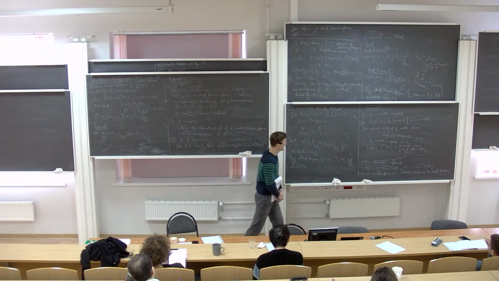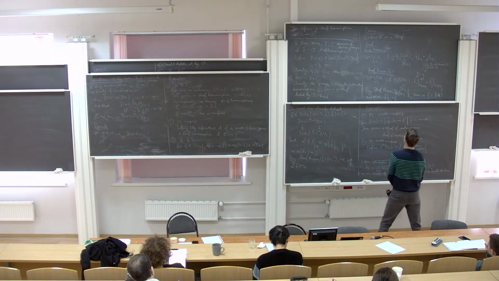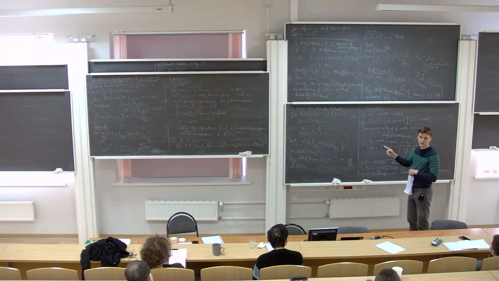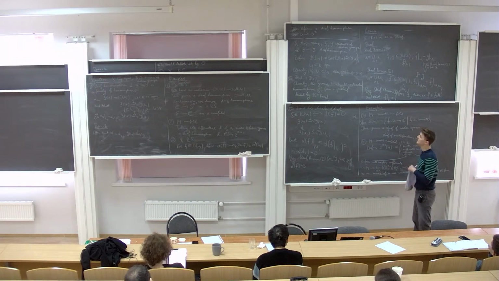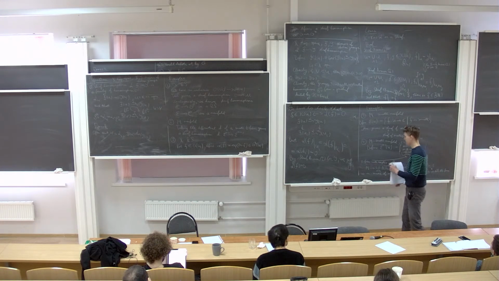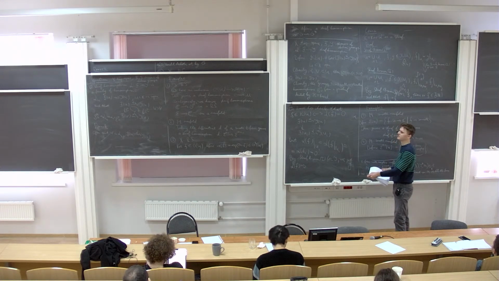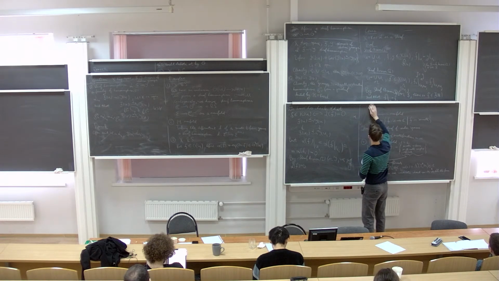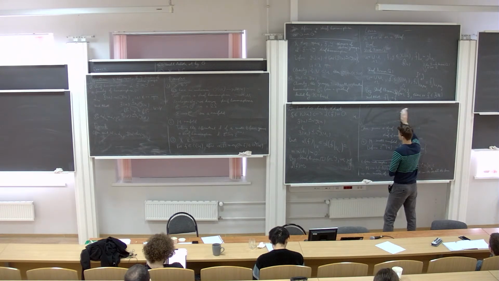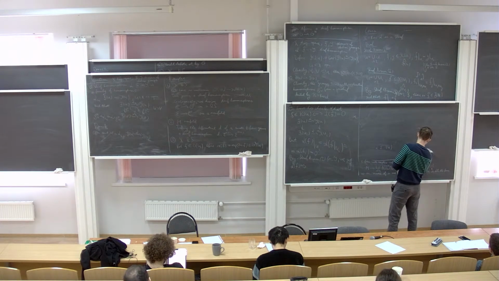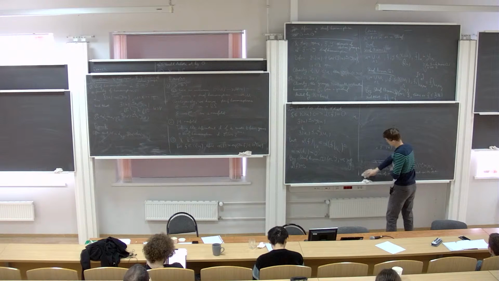Okay, are there any questions about this? If there are no questions, then since we have an exercise class, there should be some problems for discussion. A good problem is to show that for the image it's not true.